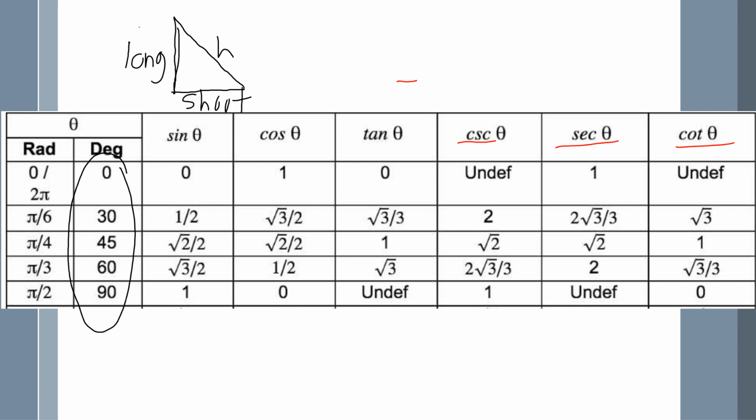And here's why. At the unit circle, for the 30 degrees, let me draw this right. I'm going to draw this a little bigger because I want you guys to see where I'm coming from.